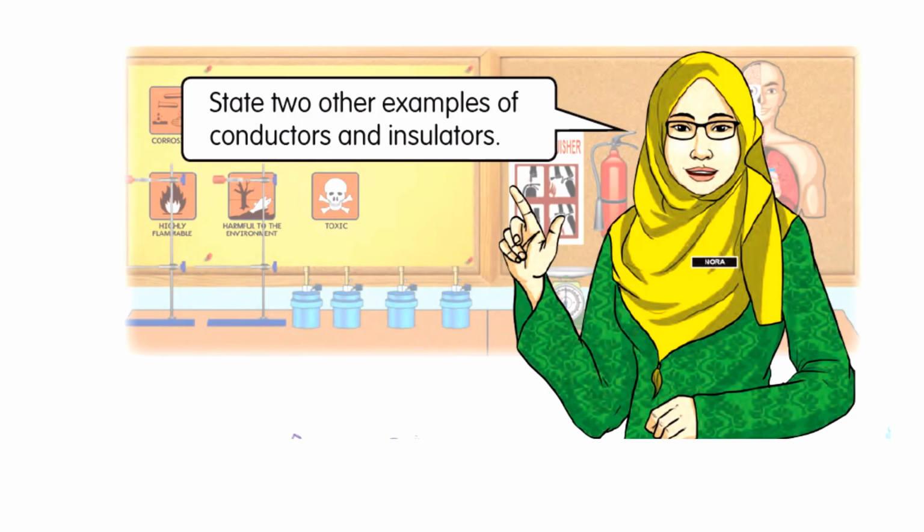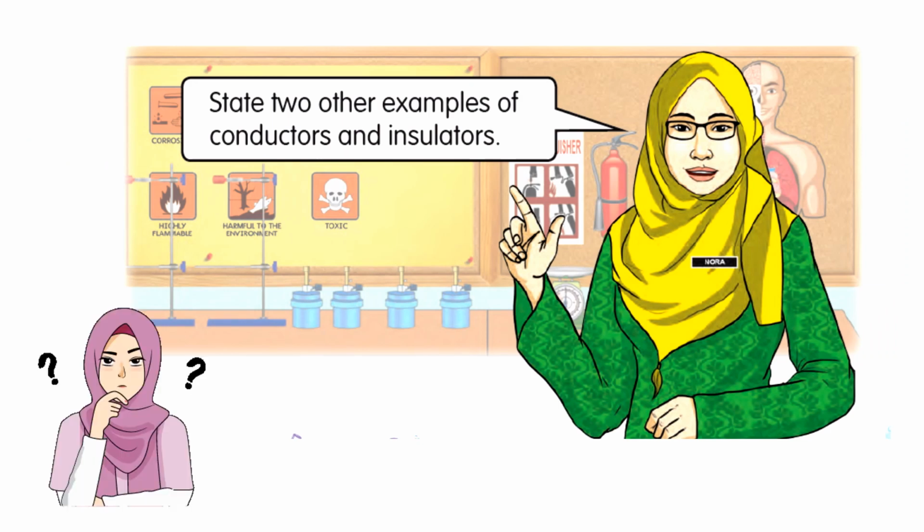Okay, state two other examples of conductors and insulators. What do you think? Conductors are objects that are made up from metal. So the answers are screw, or you can say nail.